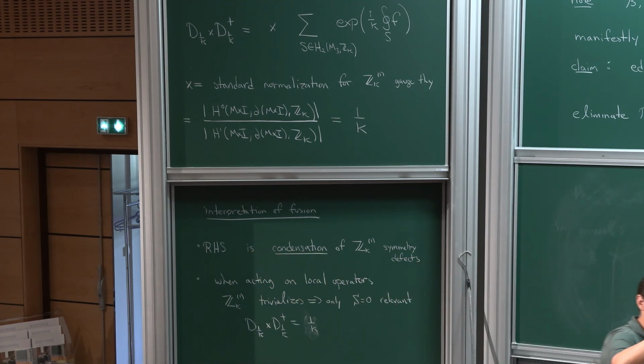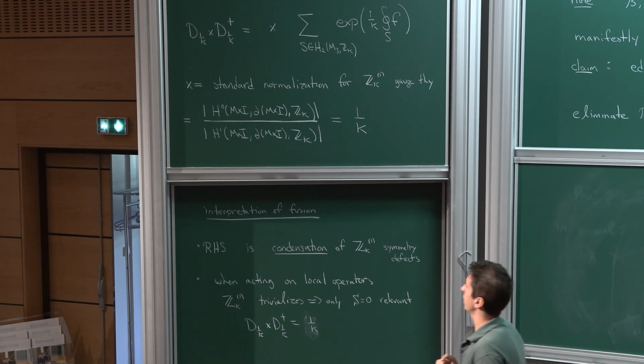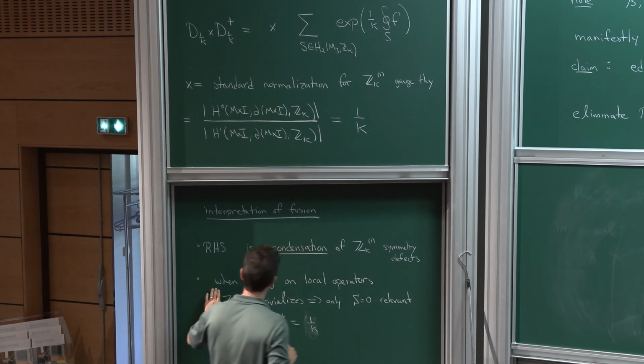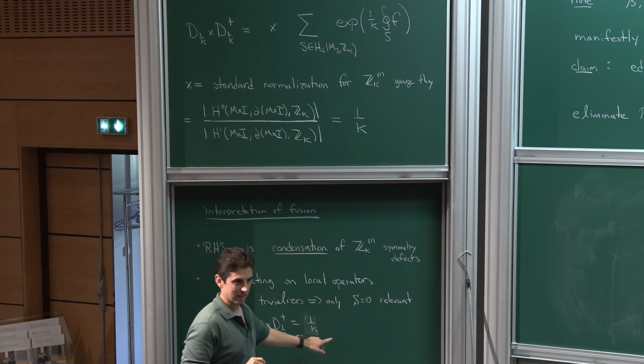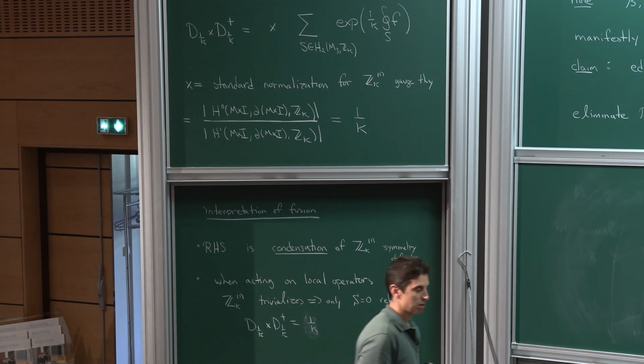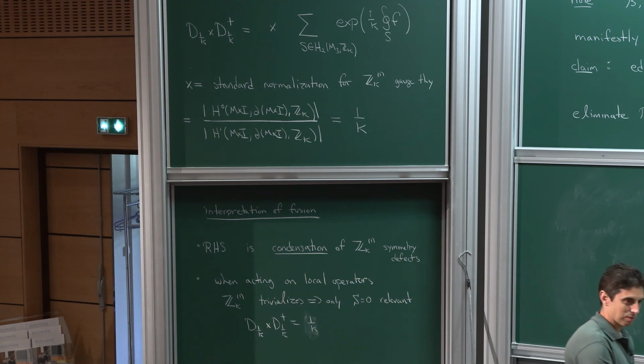It's a sum over these codimension 2 defects all along this locus M3. And you can think geometrically that that's why local operators don't see the right-hand side in an interesting way, because the right-hand side is like a mesh of these surfaces, so it's porous. Point operators can fly through it.